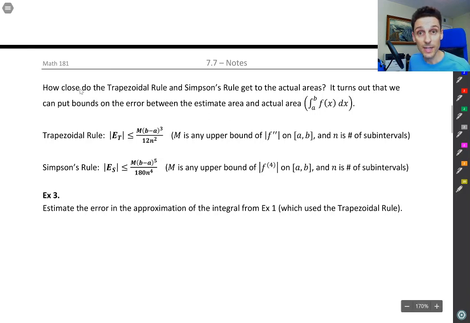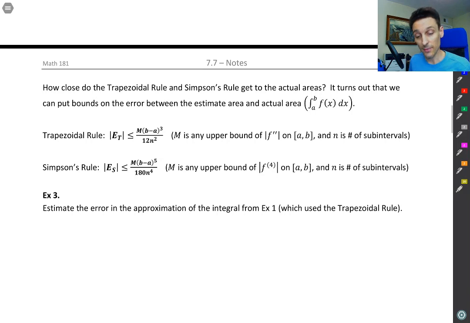So if the absolute value of the second derivative is a large number, then the graph of f is going to be very curvy. It's going to kind of whip around really fast, making it harder for the trapezoids to fit the curve. The trapezoids are only working with lines, and so if the graph is whipping around and curving really quickly, the trapezoids are not going to be able to fit that kind of graph as easily.